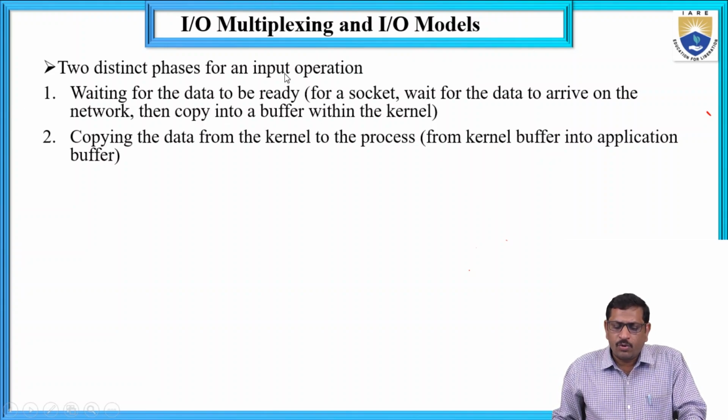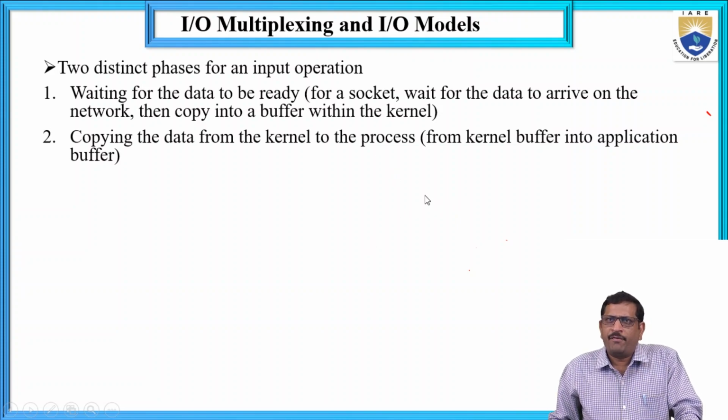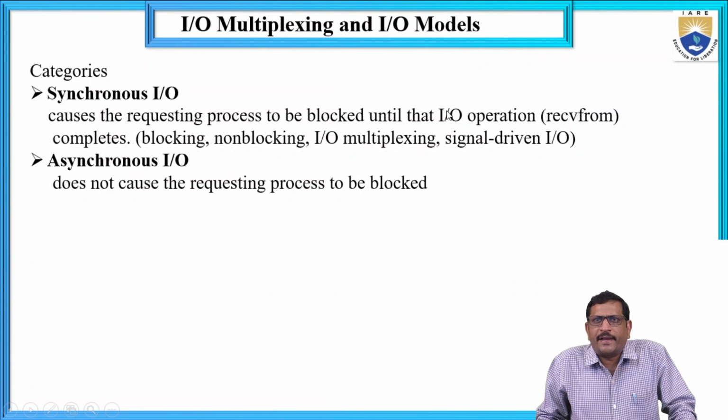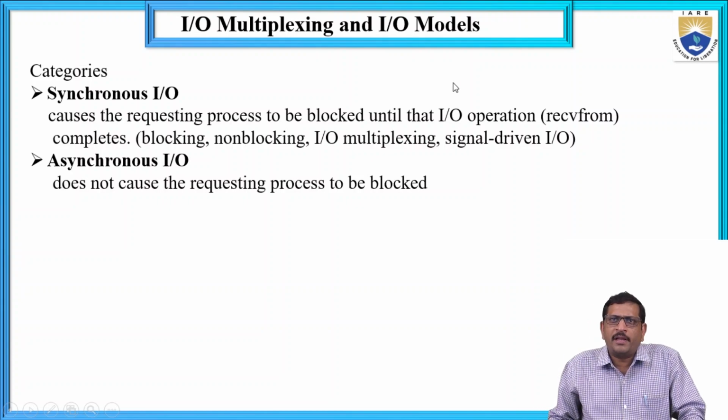So the two distinct phases of input operations can be performed in IO multiplexing and IO modeling, input output modeling. Generally there are two categories.